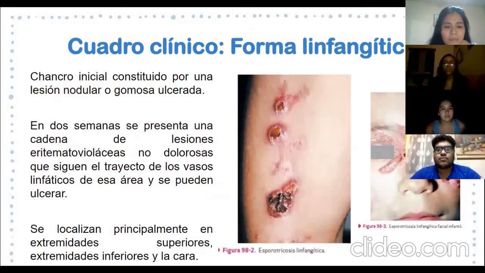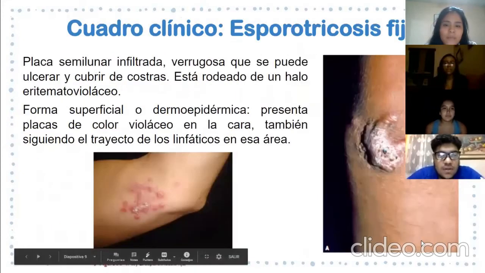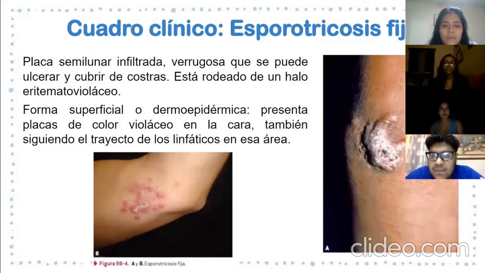In 2 weeks, a chain of painless erythematous violaceous lesions develops that follows the path of the lymphatic vessels in that specific area and can ulcerate. Those are located mainly in the upper and lower limbs and in the face. Fixed sporotrichosis shows an infiltrated semilunar plaque that can ulcerate and cover with scabs. It is surrounded by an erythematous violet halo. Next.